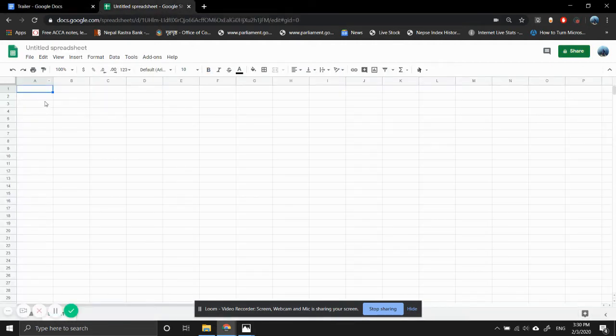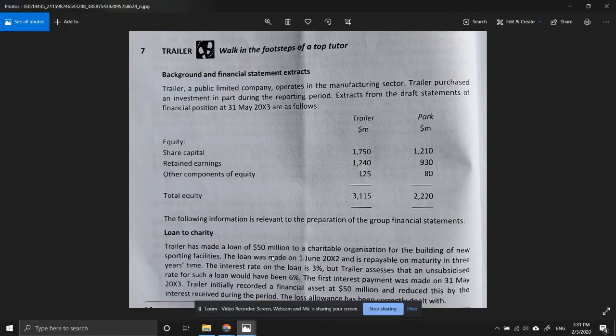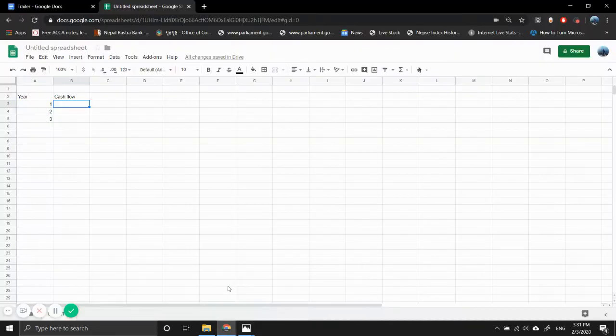So first of all, let's discount the loan. Let's bring it to present value, okay? So cash flow, 1, 2, 3, I think 3 years, right? Cash flow would be how much are we receiving? 50 into 3%, so 50 into 0.03, which would be 1.5.